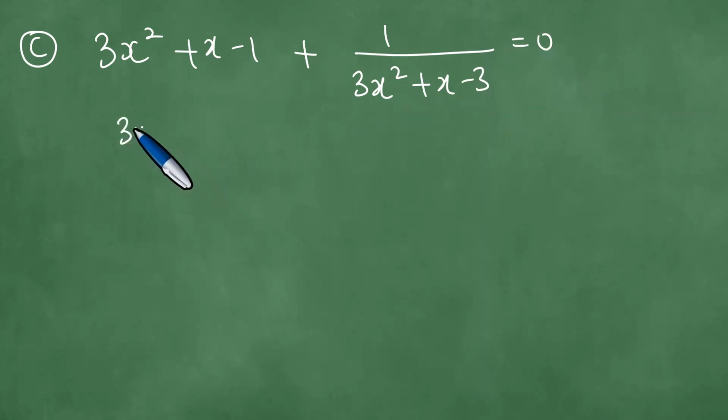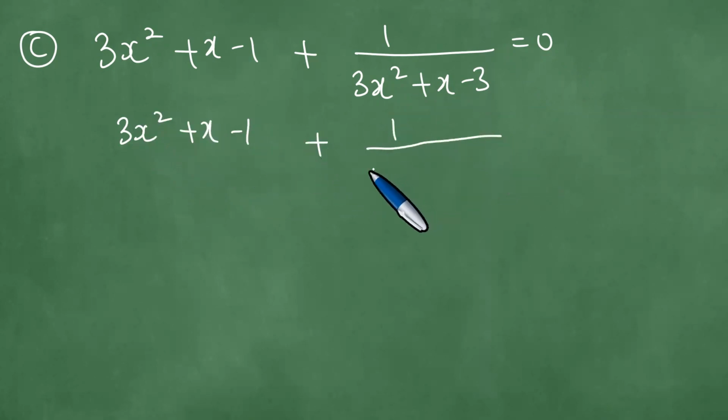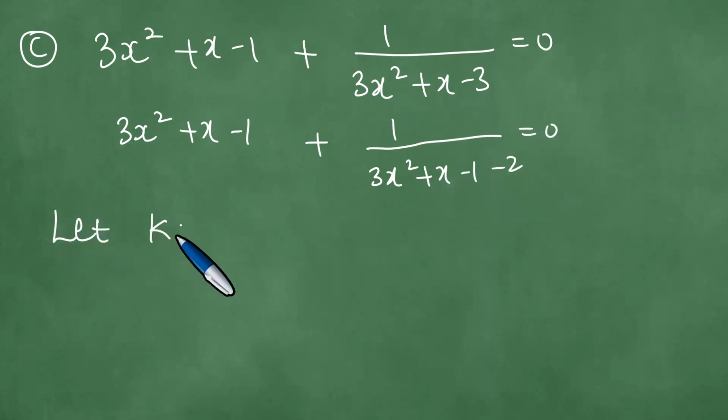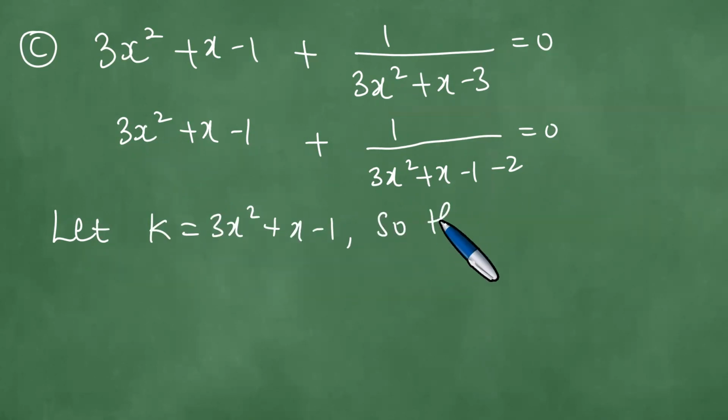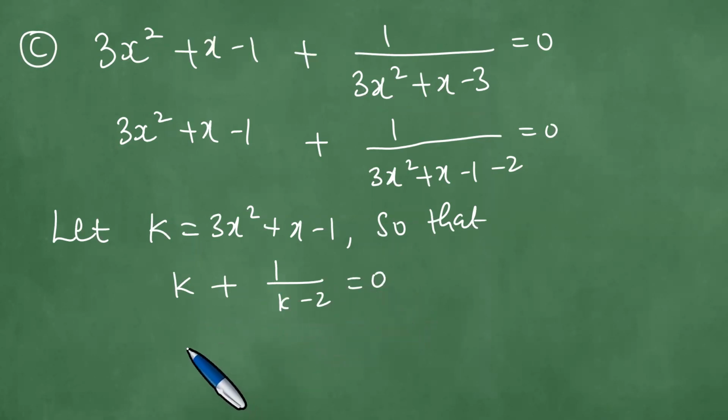This is exactly the same as 3x squared plus x minus 1 plus 1 over 3x squared plus x minus 1 minus 2, and the result is 0. Upon further examination, we let k be 3x squared plus x minus 1, so that we have k plus 1 over k minus 2, and the result is 0.